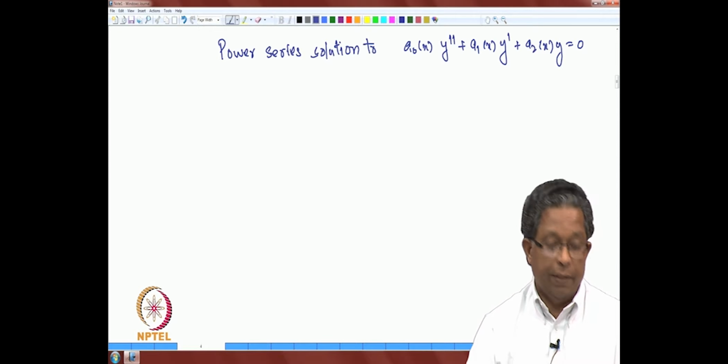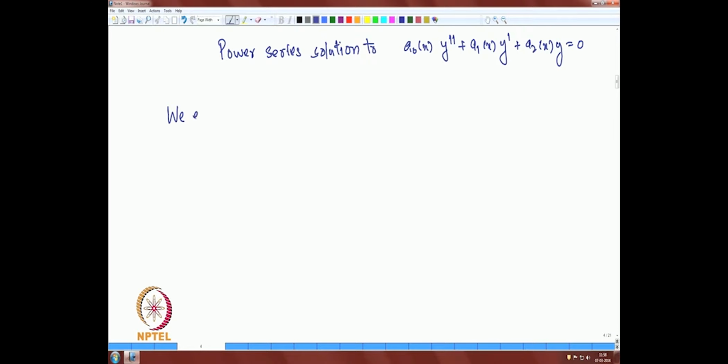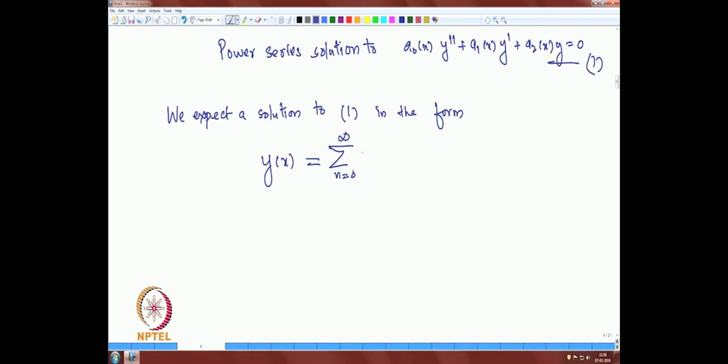And what we expect is a solution to this equation in the form y of x is equal to summation n goes from 0 to infinity Cn (x minus x0) to the power n, where C0, C1, C2 etc. are constants.